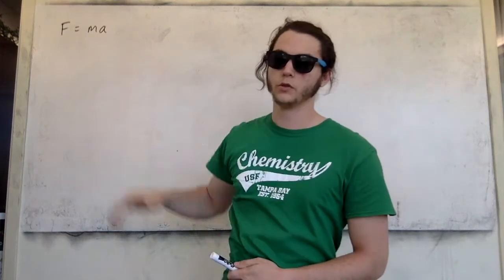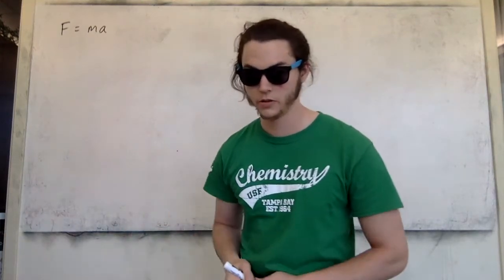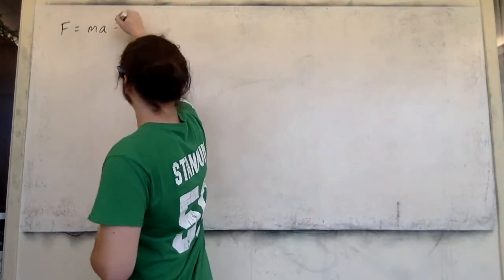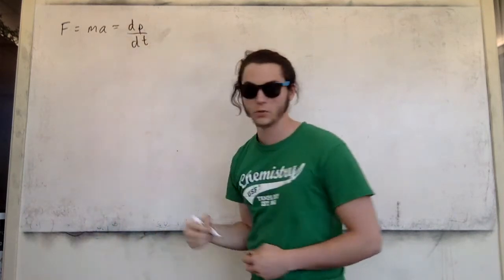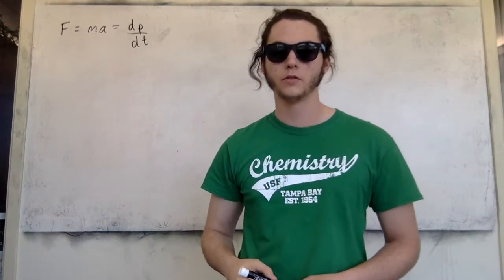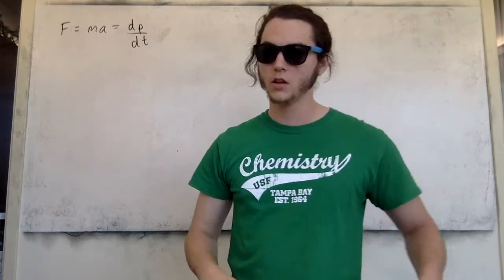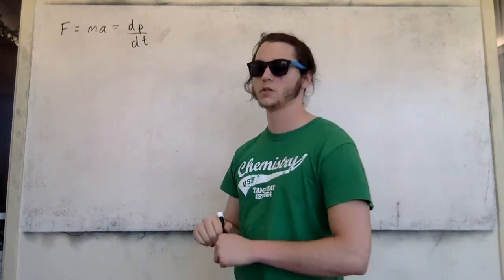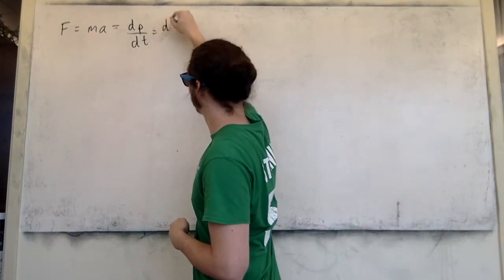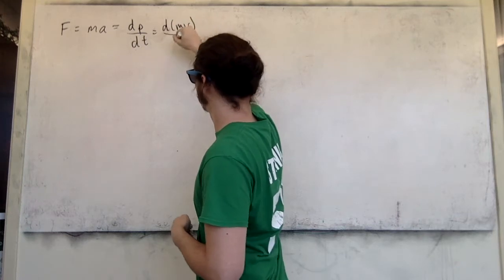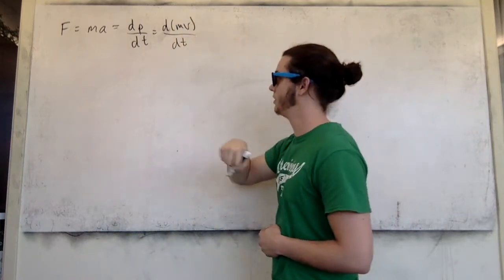You probably heard that before, but what you may not have heard is it is also simply the way that momentum changes with time. The derivative of momentum with respect to time. That is mass times acceleration, because if you also remember, momentum is just mv, mass times velocity, so that's dp/dt.